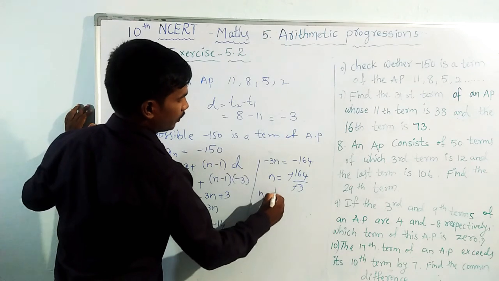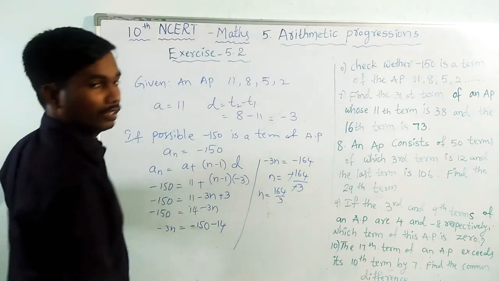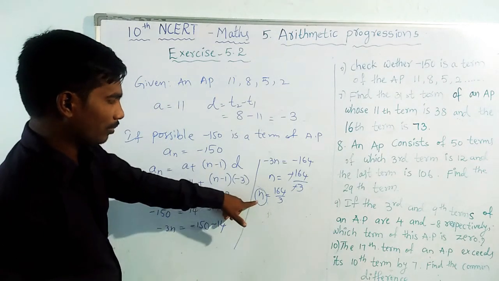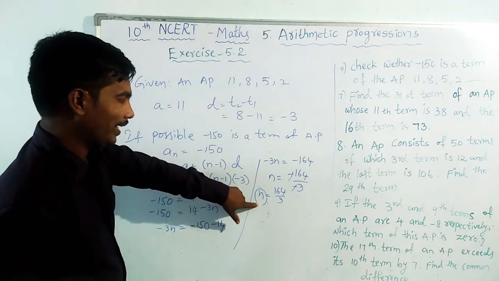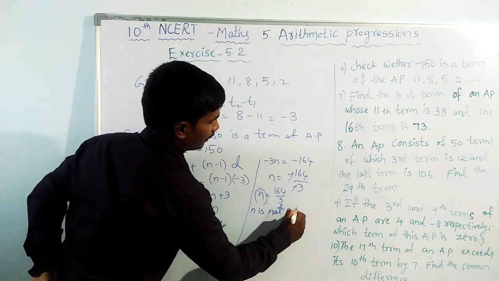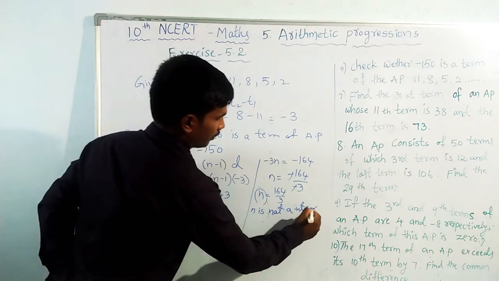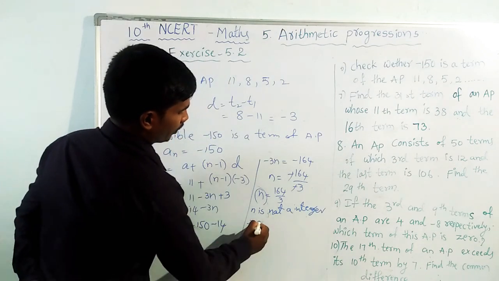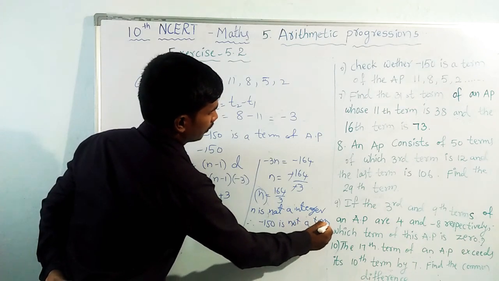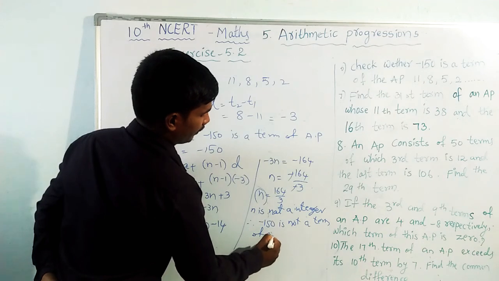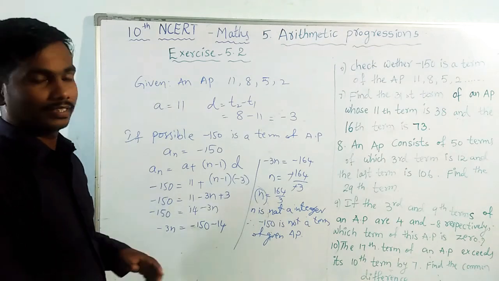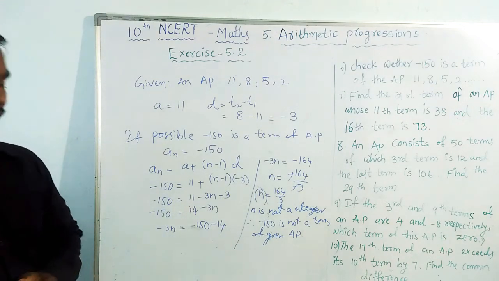This is the number of terms n, and n is not an integer. Therefore, minus 150 is not a term of the given AP.